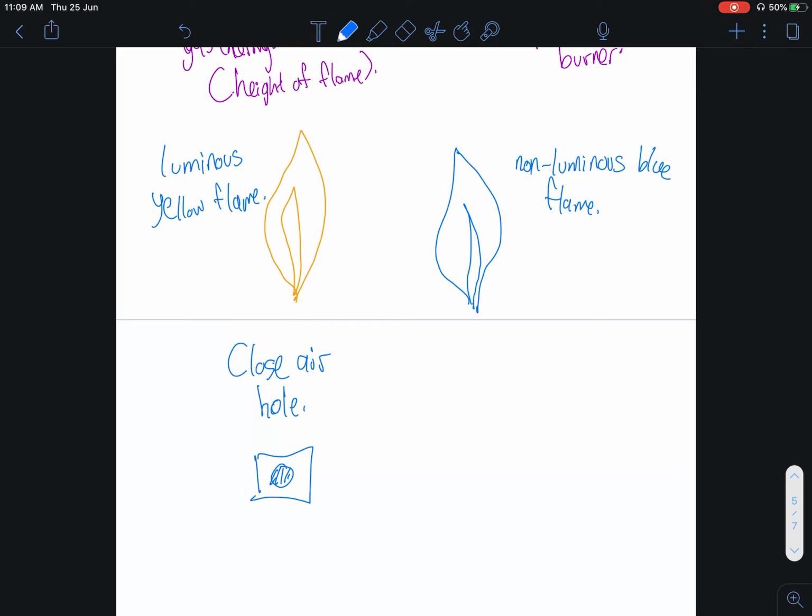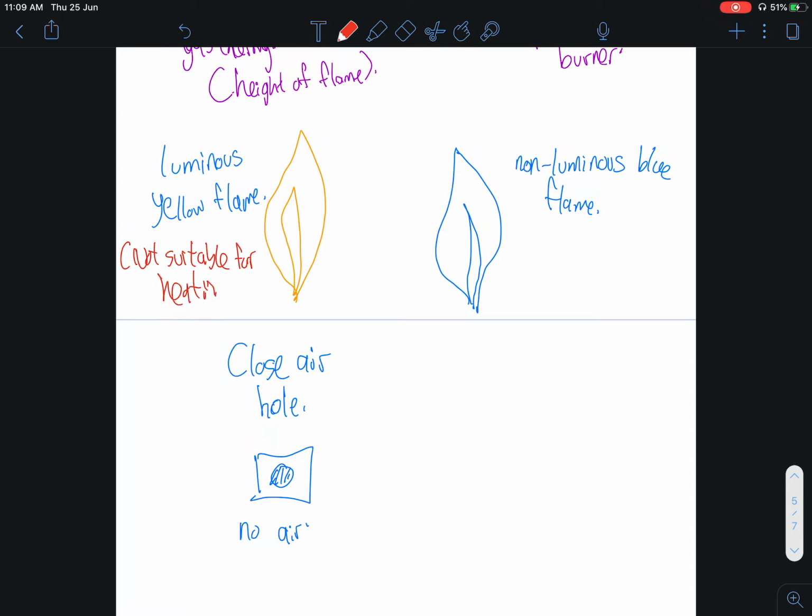Due to the lack of oxygen in the Bunsen burner, this flame would become more visible, that you can see. The meaning of luminous means bright. So luminous flame means you are able to see the flame, and this flame is generally not suitable for heating.